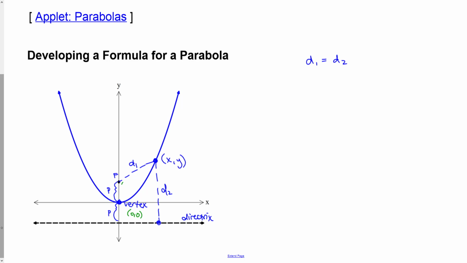So that means the focus is at 0, p. Then the directrix is not x equals, this is a horizontal line, so it's y equals negative p.